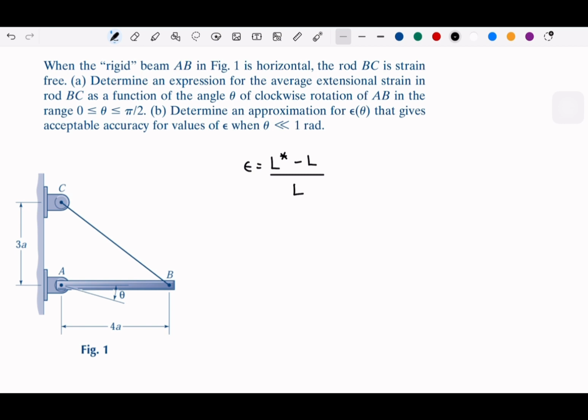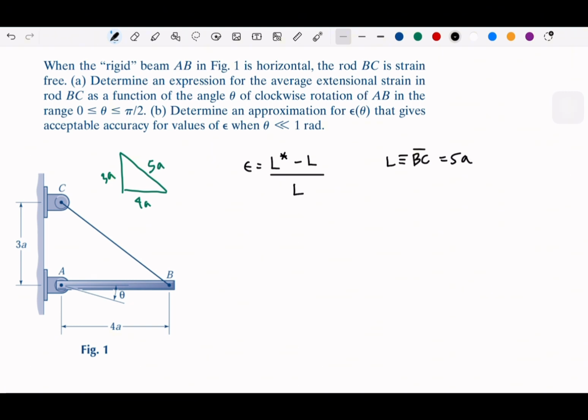Since we have 3A and 4A as the sides, imagine this is a triangle. When AB is horizontal, nothing happens, so this is the original 5A. The rod BC is 5A, so the original L is BC, equal to 5A.